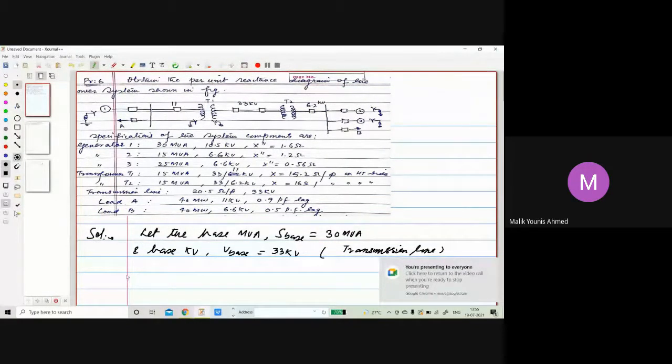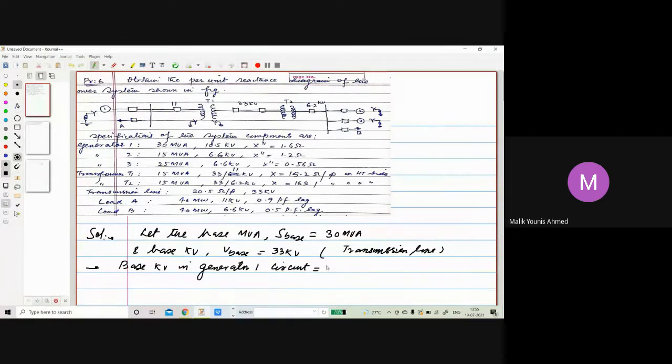Okay, so let us first find the base kVs, as we will always be doing. So base kV in generator 1. This is here generator 1, base kV in the generator 1 circuit. We'll move from the transmission line, 33.